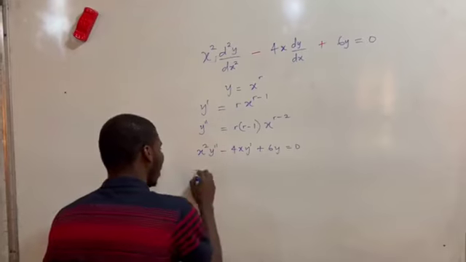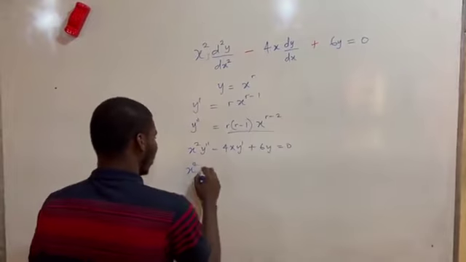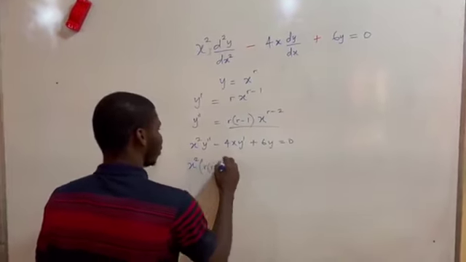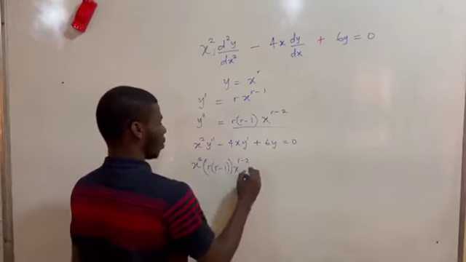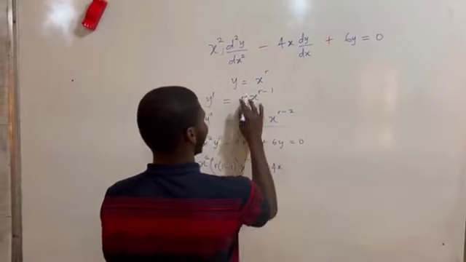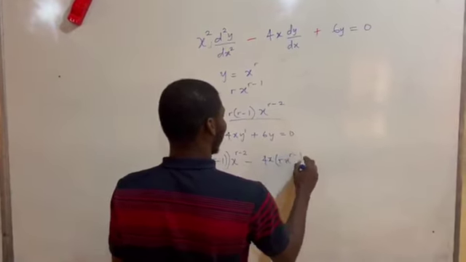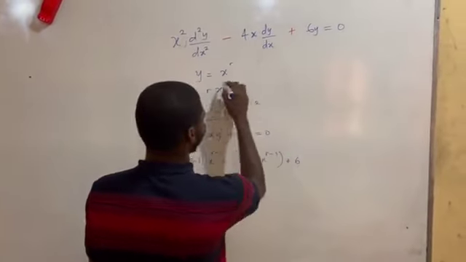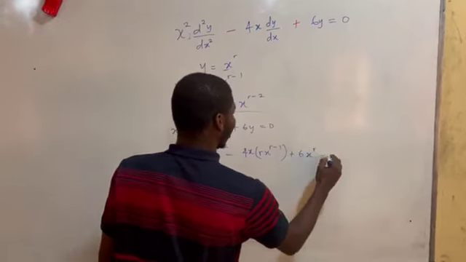So we have x squared times y double prime, which is r multiplied by r minus 1, x to the power of r minus 2, minus 4x times y prime, which is r multiplied by x to the power of r minus 1, plus 6y, where y is x to the power of r, so we have 6 x to the power of r, equals 0.